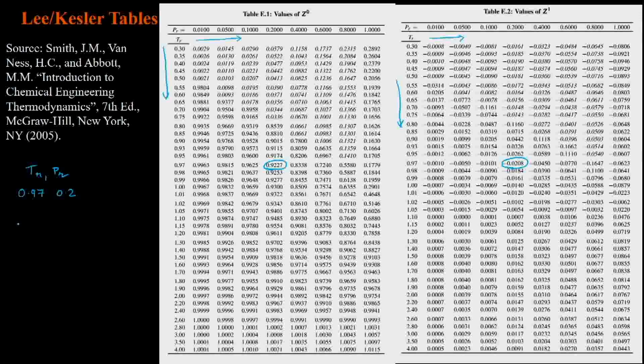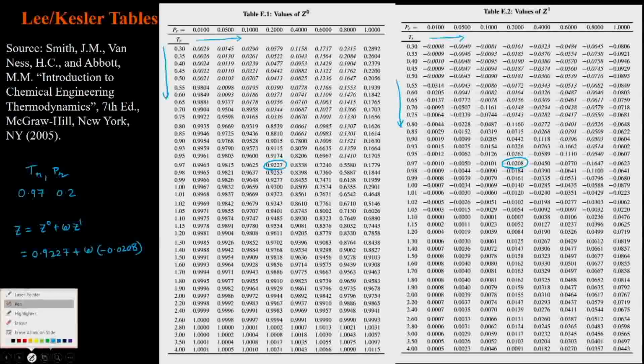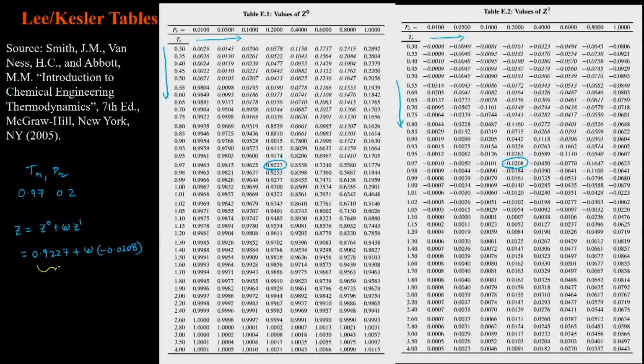Once I have these two numbers, then it turns out Z is going to be Z0 plus omega Z1. So if I have omega, I can readily calculate Z0 plus omega times negative 0.0208. That will be the value of Z. And if you look at this expression for Z, a majority of the contribution still comes from Z0, which is the case for a simple fluid.